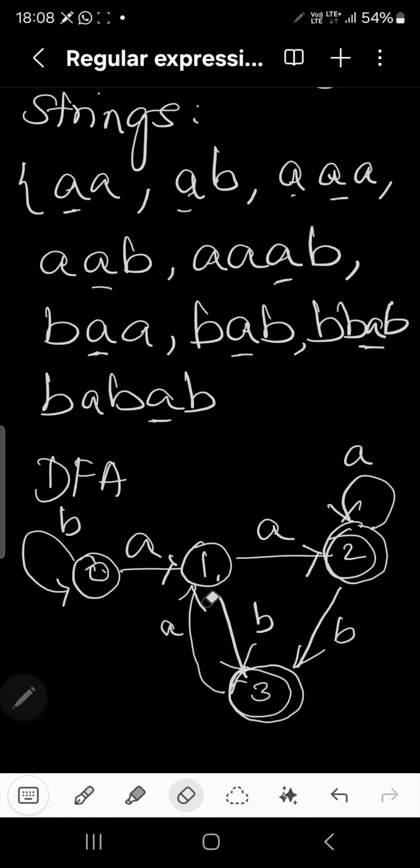If you take state 1, on input A it goes to only state 2, and on input B it goes to only state 3. From state 2 on input A it goes to only state 2, and on input B it goes to only state 3. From state 3 on input A it goes to only state 1. So all these transitions are according to the rules of the DFA, hence this DFA is right.